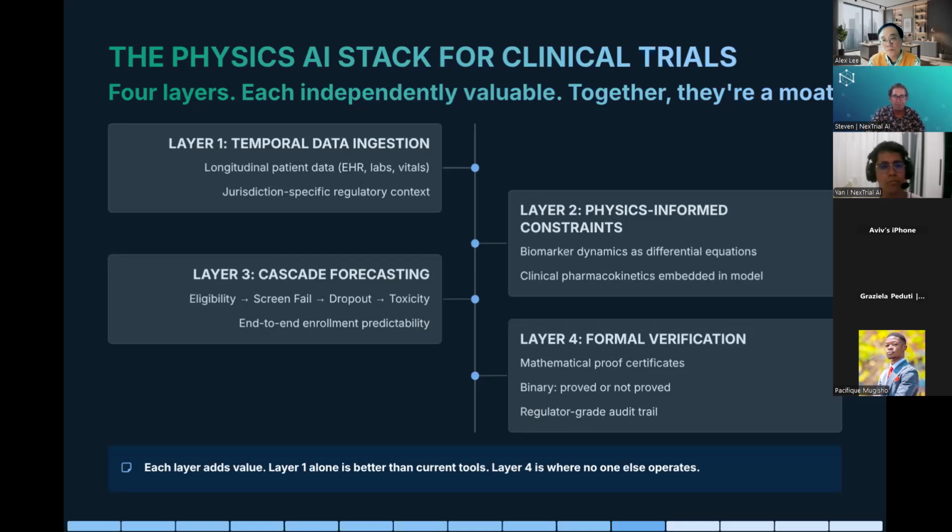So we have some jurisdiction-specific regulatory context because we need to guarantee that we are not surpassing any data constraints. When we have the temporal data, we have the data core part of the system. We are adding the physics-informed constraints that can be changed depending on the protocols, depending on the analysis that we are doing. So in this part, we have the physics constraints.